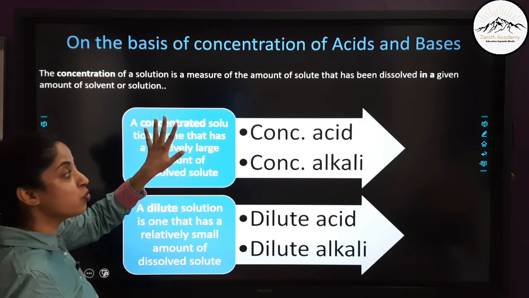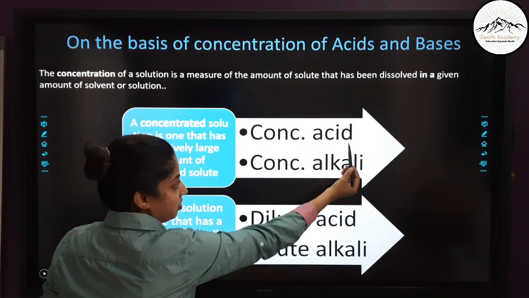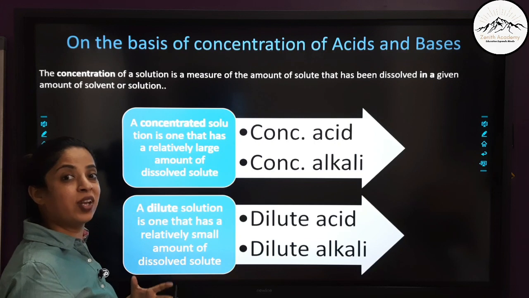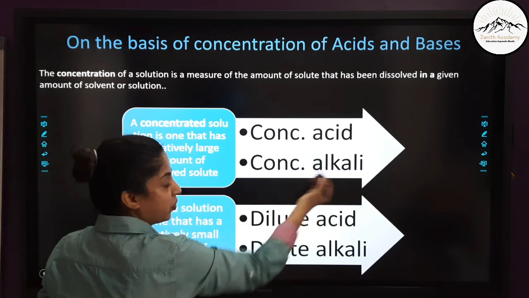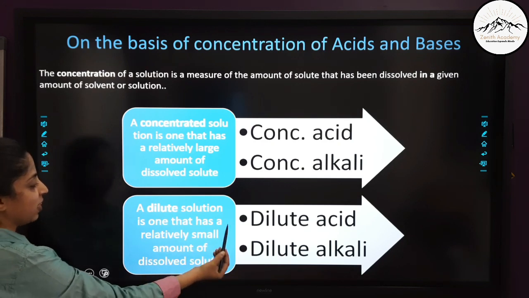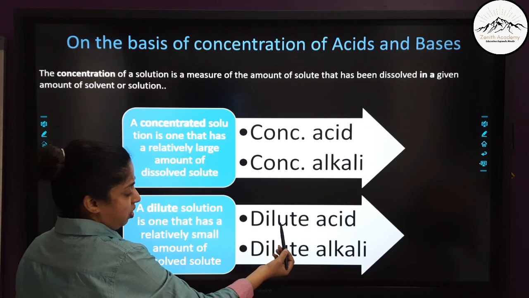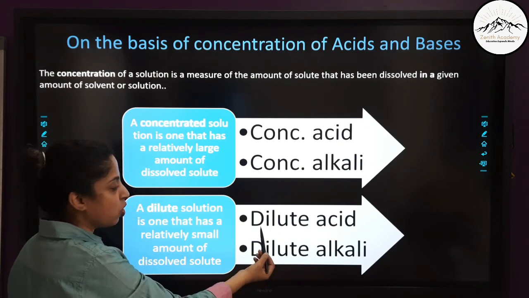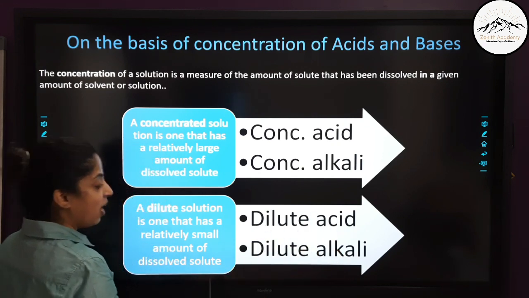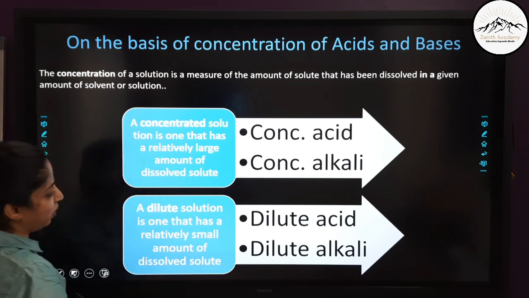When solute is more in the acid, it is known as concentrated acid. When solute is more in the alkali, it is known as concentrated alkali. Whereas a dilute solution is one which has a relatively small amount of dissolved solute. So the acid which has less dissolved solute is known as dilute acid and the alkali which has less dissolved solute is known as dilute alkali.